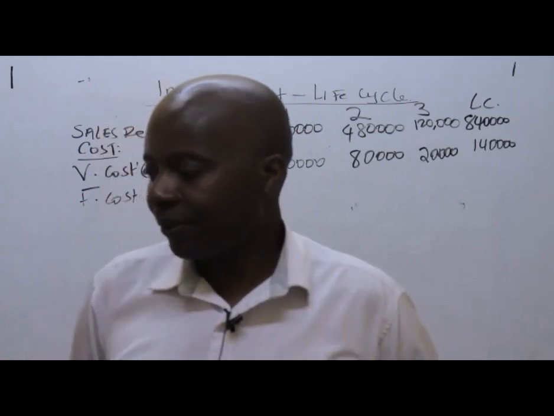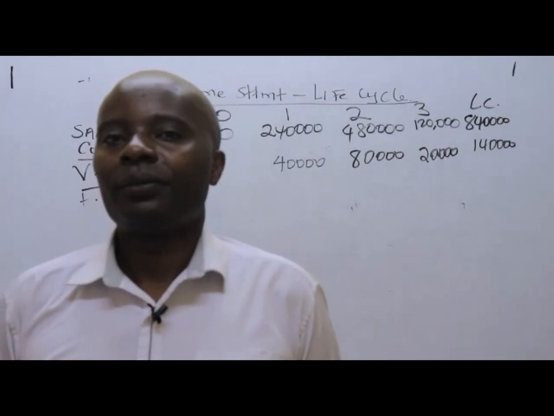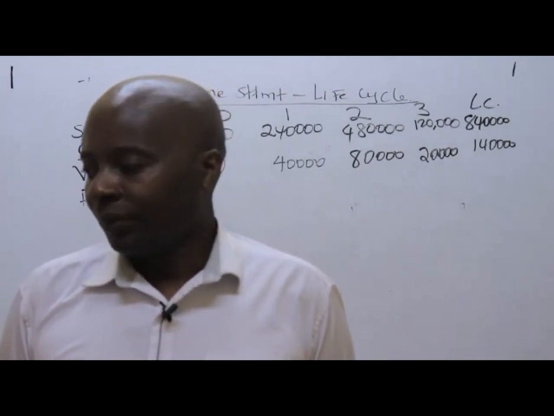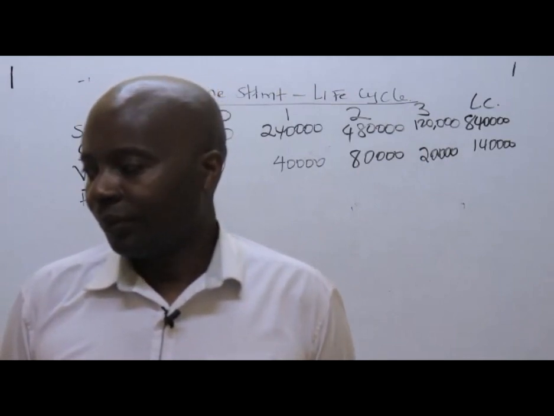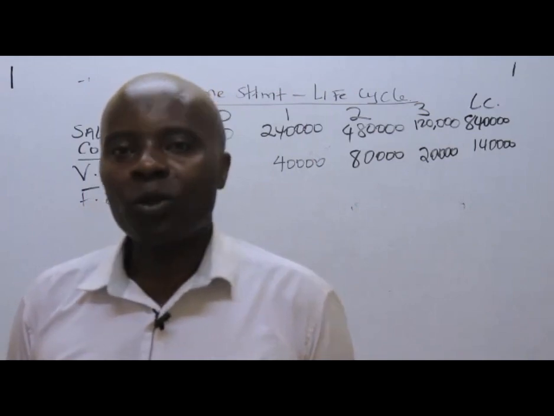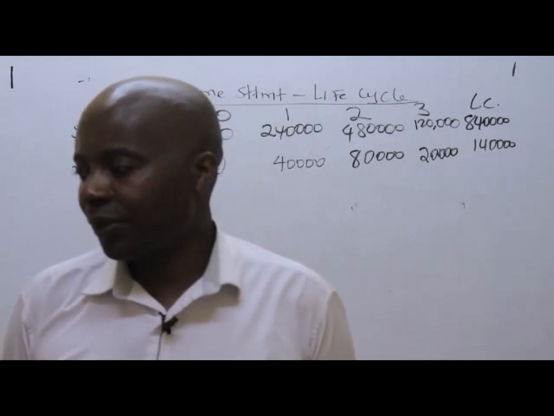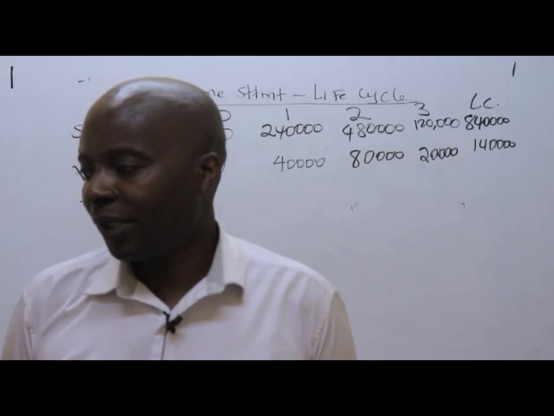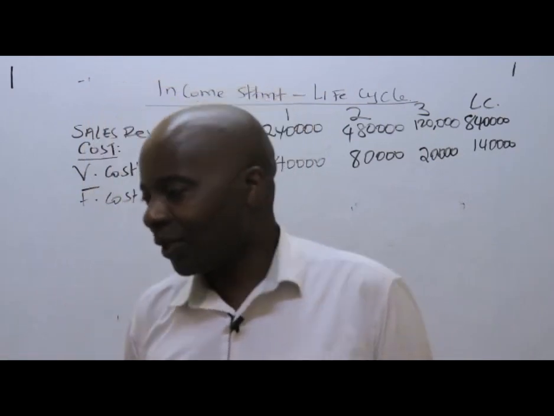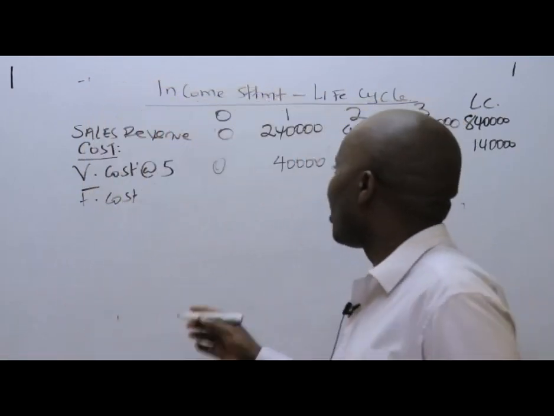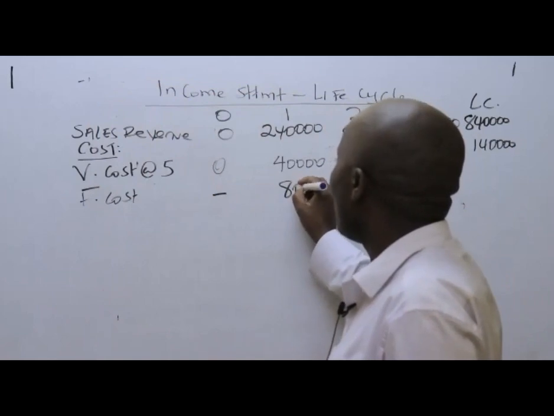Remember, we used the high-low method to ascertain the fixed cost. Teresa gives me 80,000 for year 1.